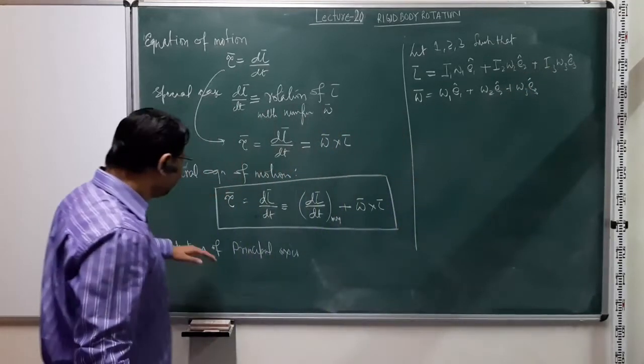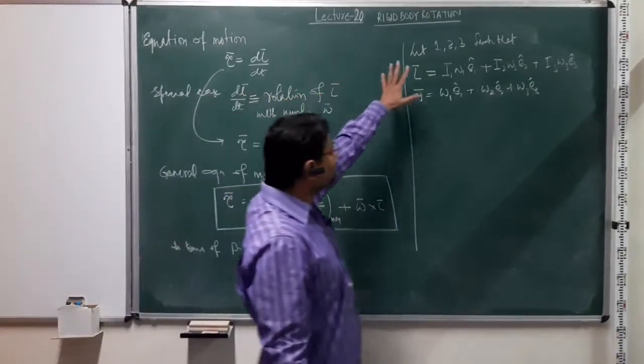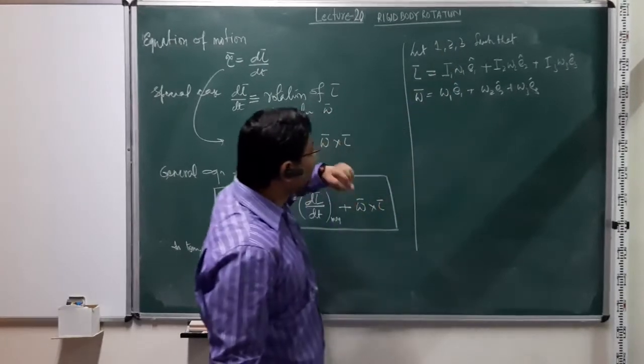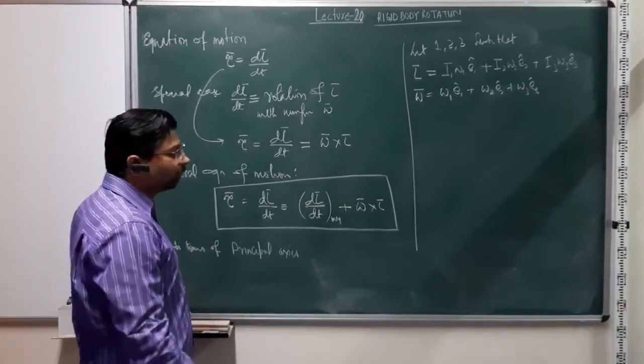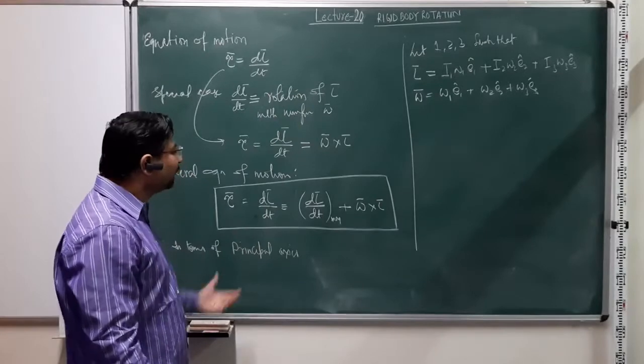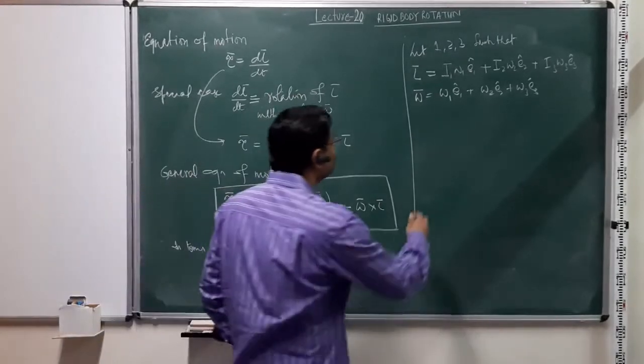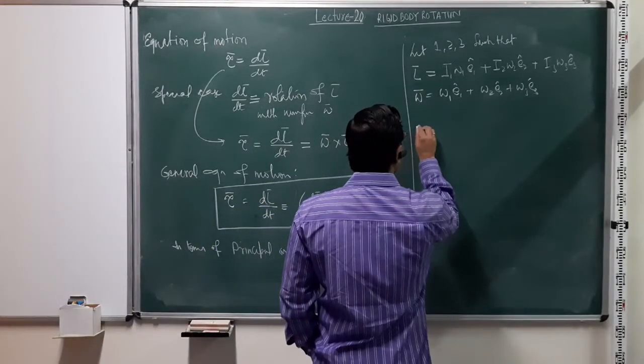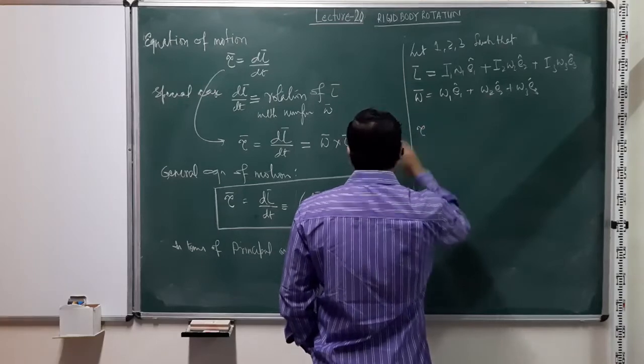So if we now deal with rigid body motion in terms of the three principal axes, then we can rewrite this. We get a simpler expression in terms of components.